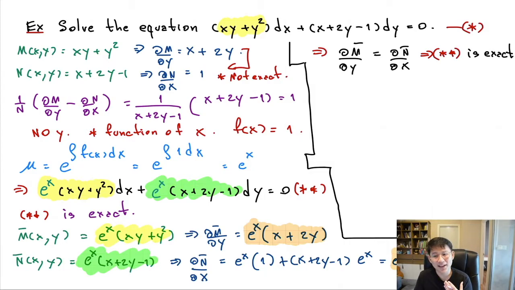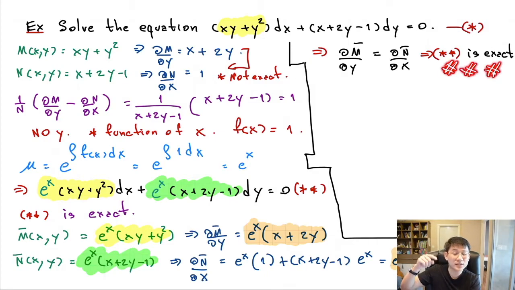In the next questions, I'm going to let you solve it yourself. I'm just going to show that you can find the integrating factor and then you turn it into the exact equation. So it's actually done in the material in this video.